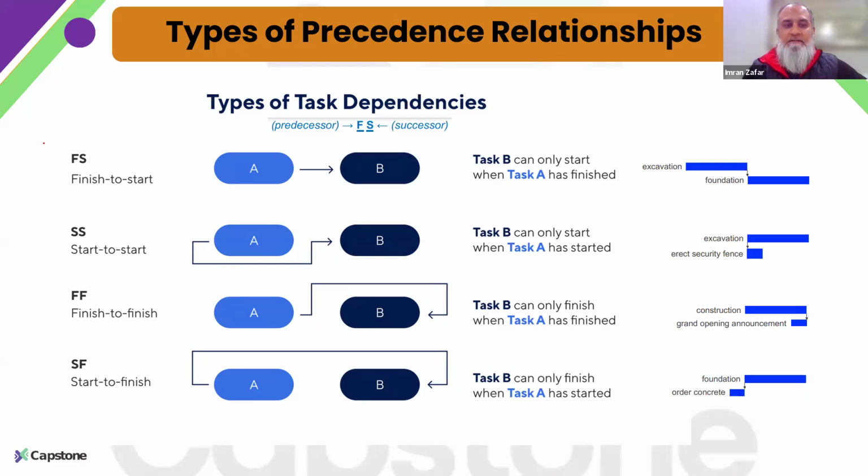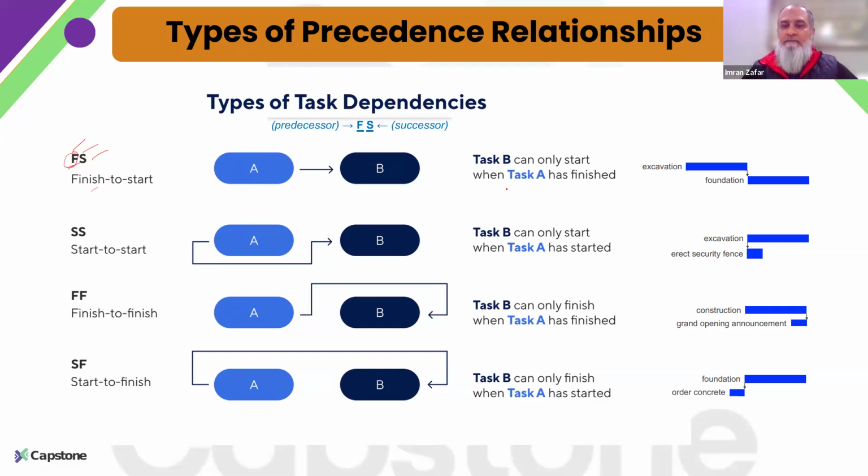So what are these basically? You need to understand it like this: finish to start. This is about the predecessor activity, the activity that comes first, and this is the successor activity that is coming after it. Finish to start means that activity A has to finish before we can start activity B. An example mentioned here is excavation and foundation work: you cannot start the foundation work until we have the excavation done.